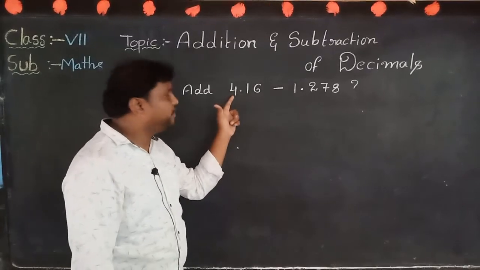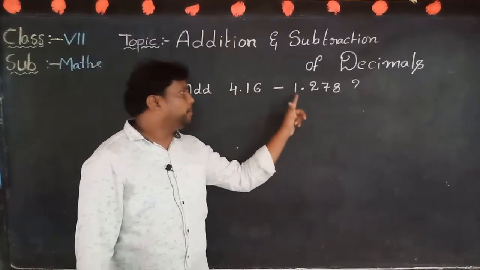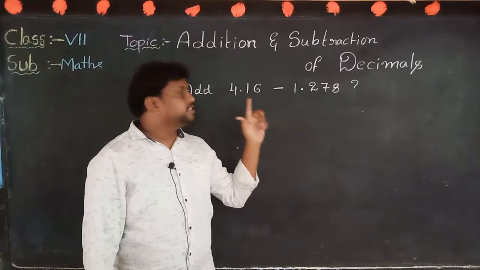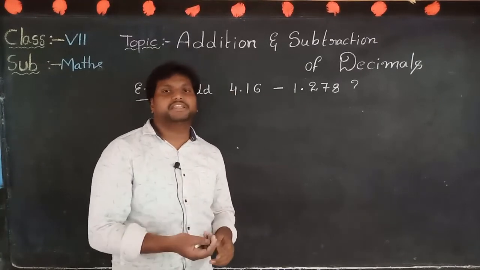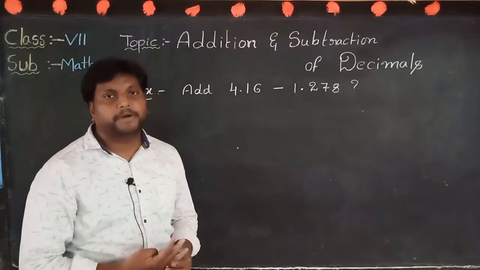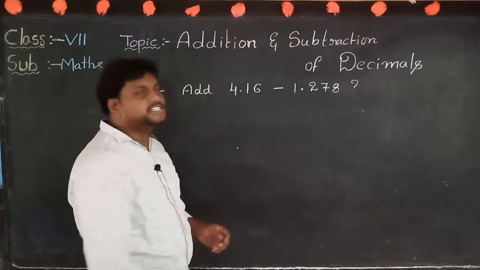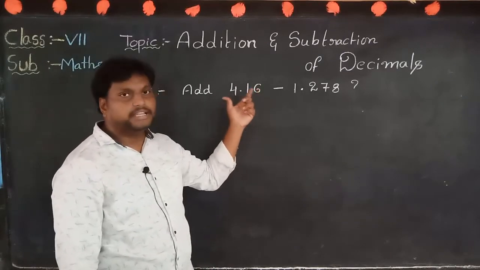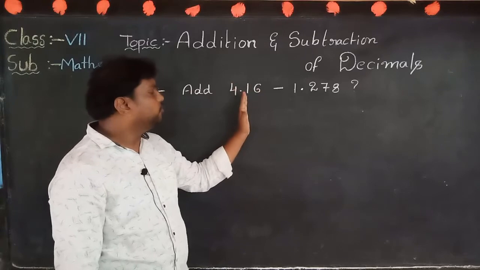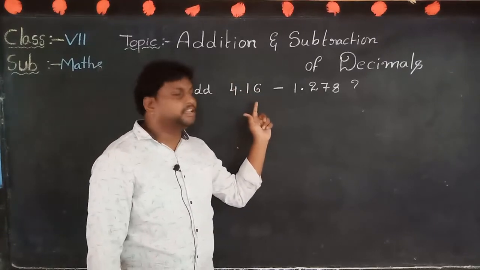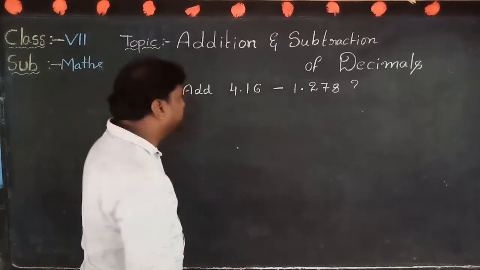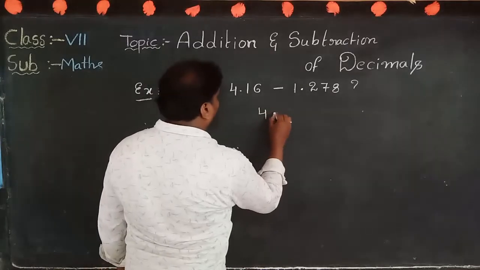Here the whole part is 4, there the whole part is 1. The point before is the whole part, after it the decimal part. Whichever has the bigger whole part is the bigger value, so 4.16 is bigger than 1.278. That's why subtraction is possible.